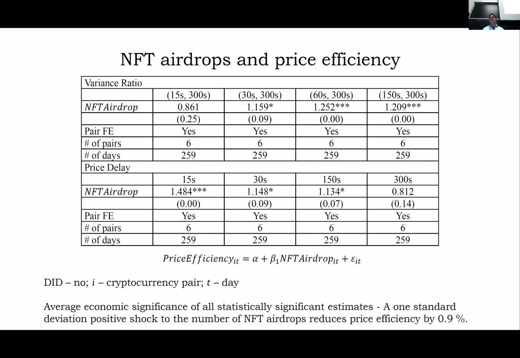more inefficient. Sorry, so the measures, I guess it's also a question of how you interpret this. Variance ratio kind of measures how close you are to a random walk. It's supposed to be a random walk. And if you have this airdrop, this is exactly where I think we expect a deviation from a random walk, because I expect the price to actually go up because of the NFT airdrop.